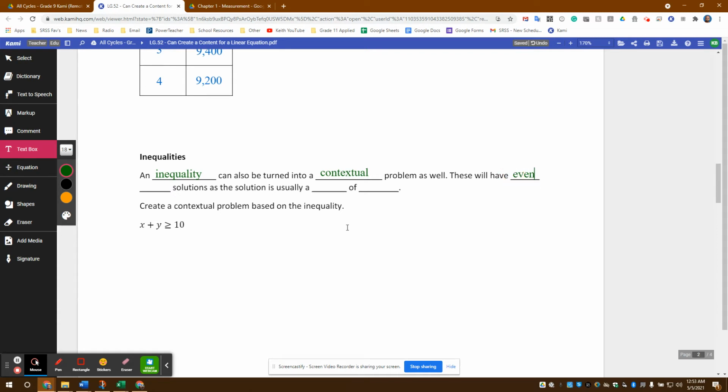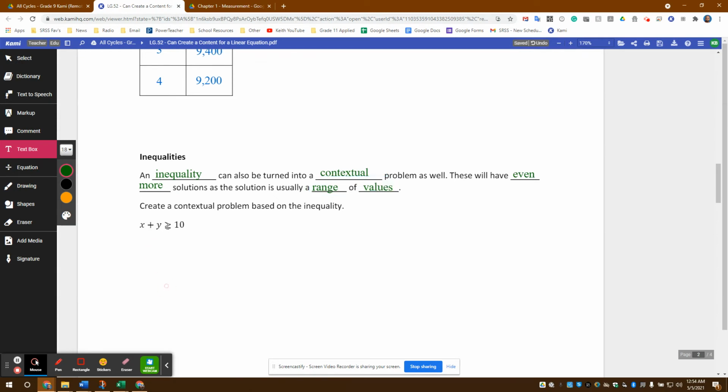I'm not going to give you quite as many of these, or maybe not quite as difficult ones as I might with equations, but these are going to have even more solutions, as the solution is usually a range of values.